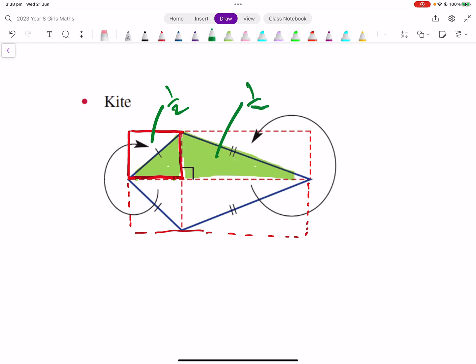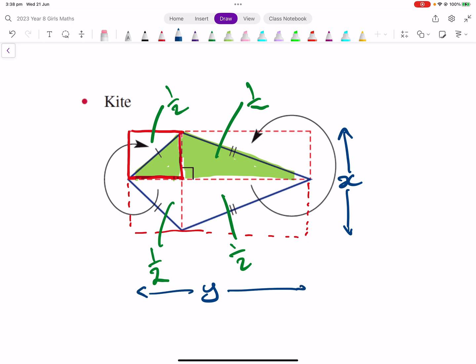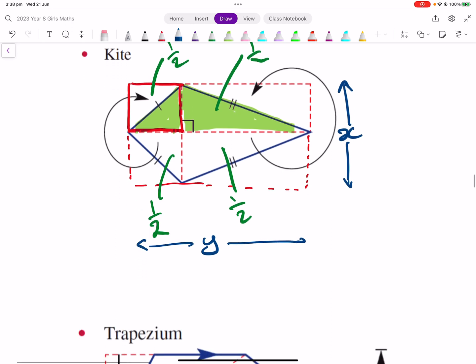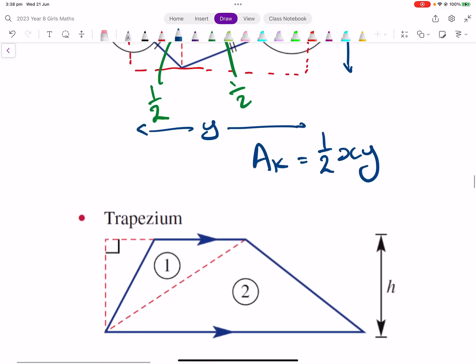It's a half, and a half. So if the dimensions of the kite are X and Y, which they are, then the area of the kite is going to be a half X Y, just like it was for a rhombus. So the area of a kite is the same as the area of a rhombus, which is a half X Y.